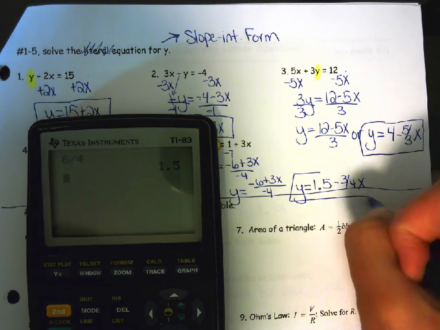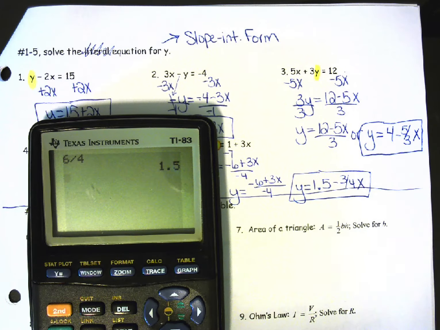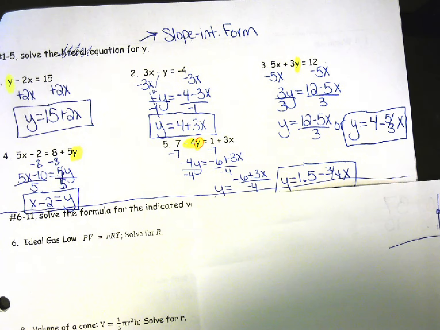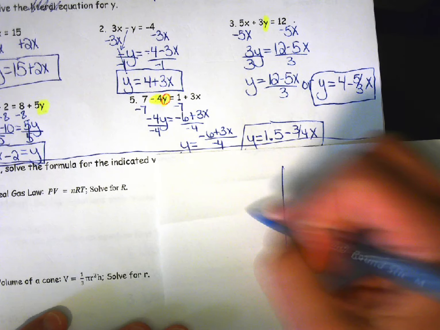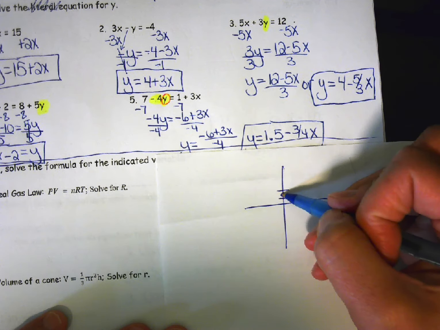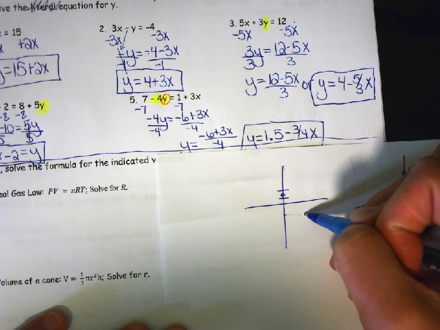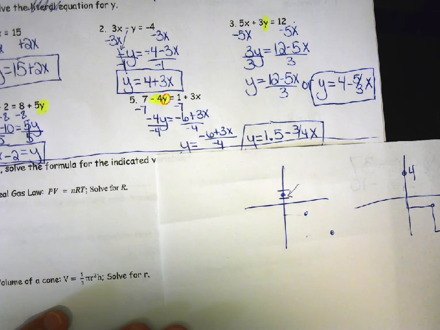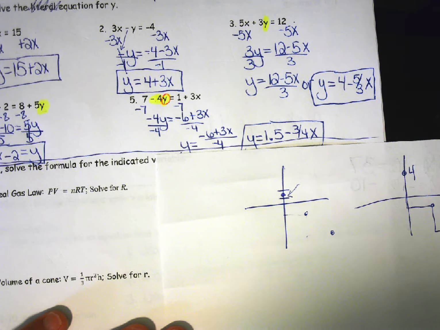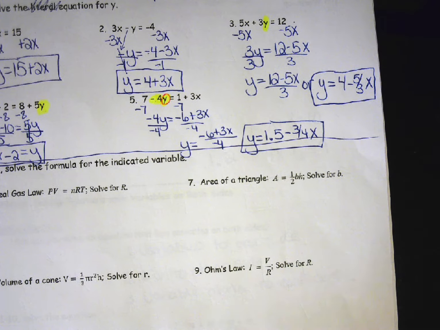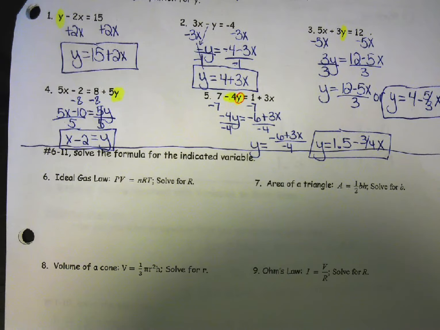So again, if you were to graph it, that intercept would not be very nice. But if you were to graph this, we could start at our intercept of 1.5 and then go down 3 over 4, down 3 over 4. I mean, the intercept would not be the greatest thing to count from, but we could do it. So it might make more sense to change that one to a decimal, okay? So hopefully you understand how to do those ones.